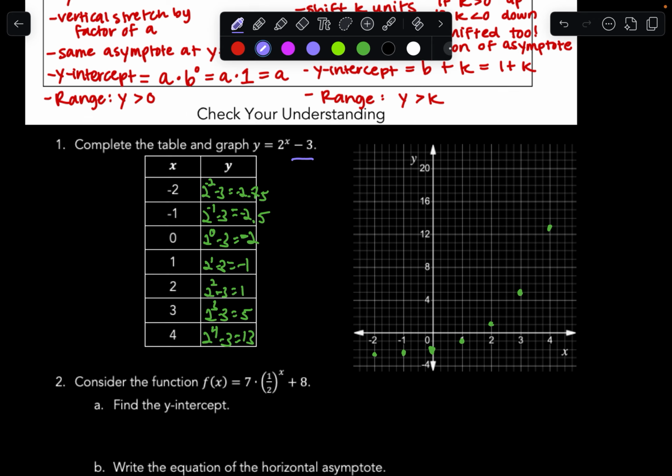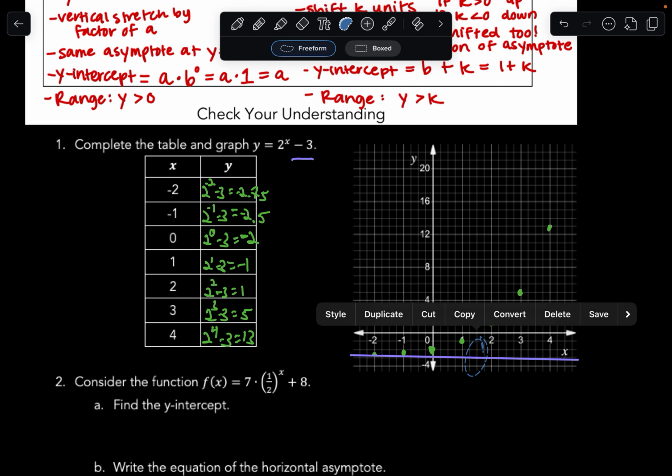When I graph these, let me do this a better way. I always graph the horizontal asymptote first. That's going to act as my guide. And then I always make it broken.